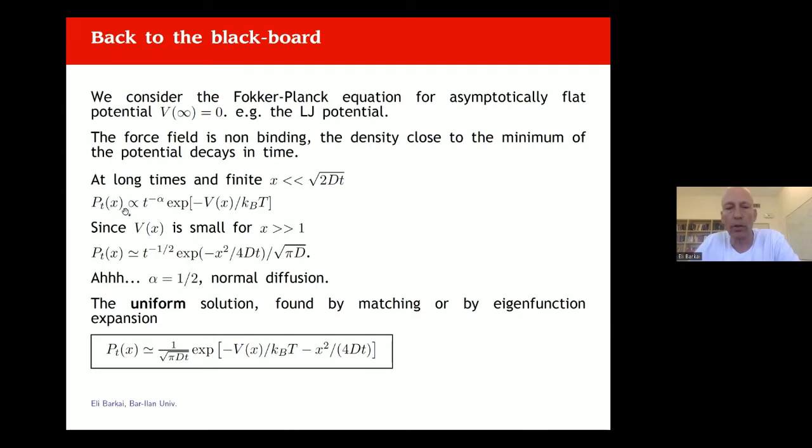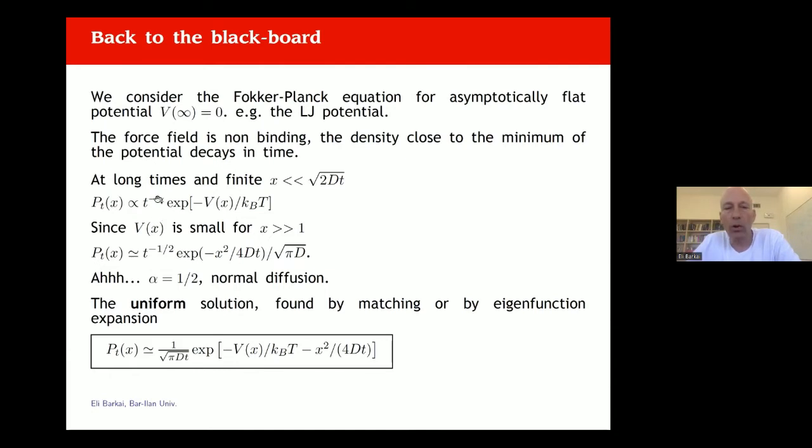You have P_t(x), it depends on time: t to the minus alpha times the Boltzmann factor. Why do I claim this, at least hand-wavingly? Because when I act with the Fokker-Planck operator on this, I get 0. On the other hand, when I take the time derivative in the Fokker-Planck equation over this, I get t to the minus alpha minus 1, which is lower order in time, in the long time limit.